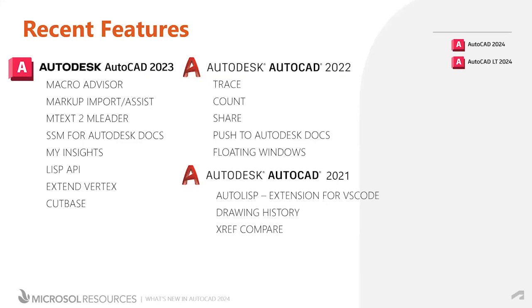And for the 2023 release, or the release for last year, we also had Cut Base, Extend Vertex, the Lisp APIs, My Insights, the Sheet Set Manager for Autodesk Docs, MText to MLeader, Markup Import and Assist, and Macro Advisor.